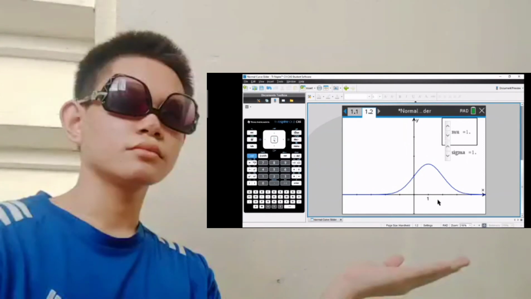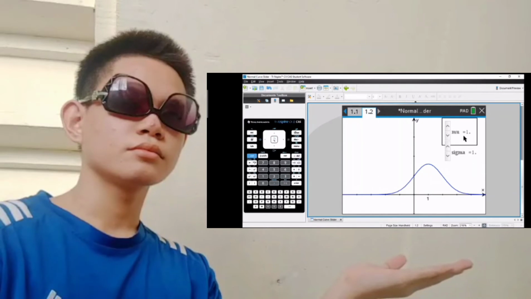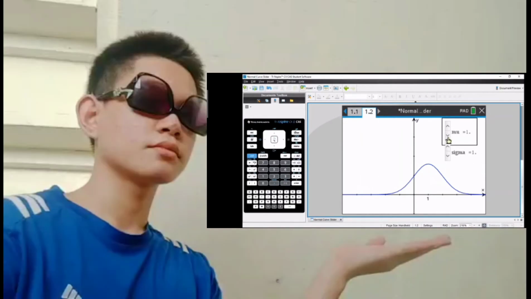Yes, it moves to the right. If I reduce the mean to 0, notice the change. It turns back. So the mean only affects the horizontal axis; it can't affect the height of the curve.